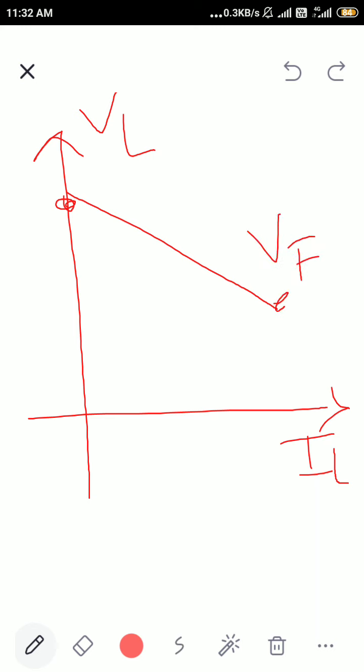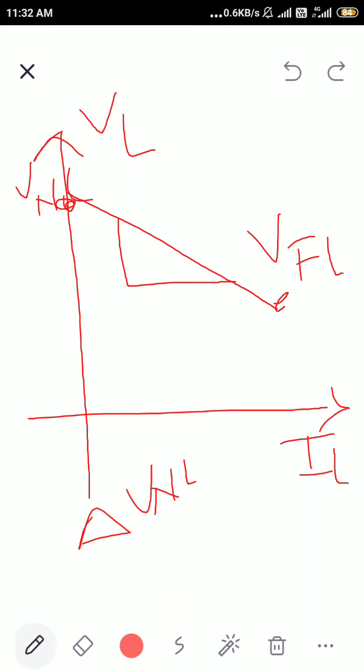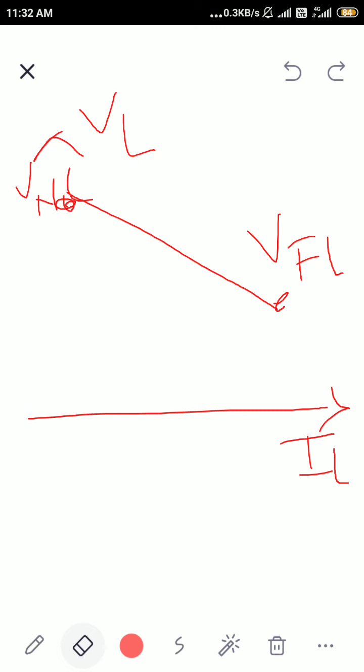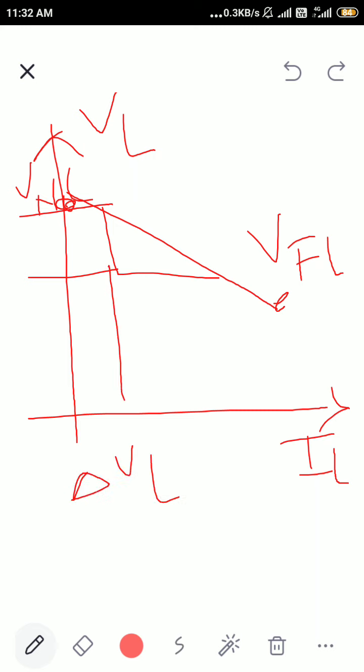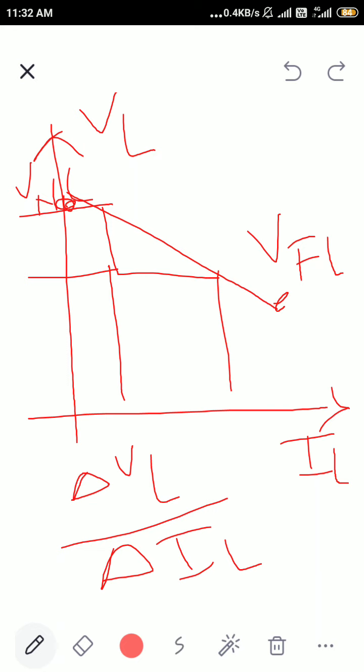So this will be your VFL, this will be your VNL, and you have to calculate the slope of this, which is the change in load voltage VL to the change in IL. So from the graph you can calculate the load regulation in this way.